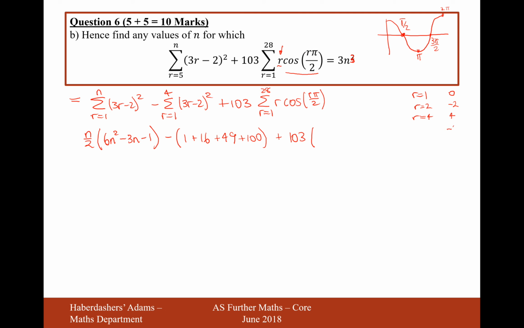So it's going to be minus 6, then 8, then minus 10, then 12, then minus 14, then 16, then minus 18, then 20, then minus 22, then 24, then minus 26, then 28.